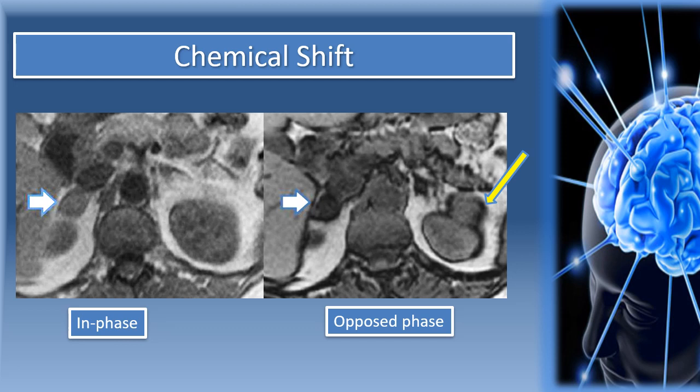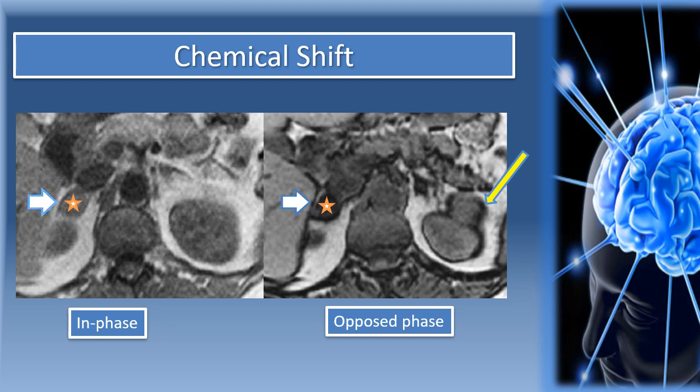As we mentioned before, this line appears on the opposed phase image only, when the organ is interfacing with the macroscopic fat. So this is the opposed phase image. What does the white arrow refer to? The white arrow refers to a right adrenal gland soft tissue lesion. In the in phase image, this lesion exhibits a relatively isosignal intensity to the liver, while on the opposed phase its signal becomes very low compared with the in phase.